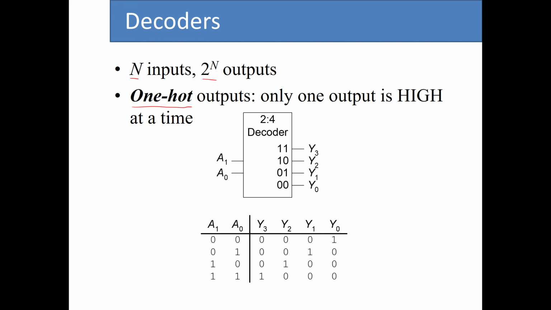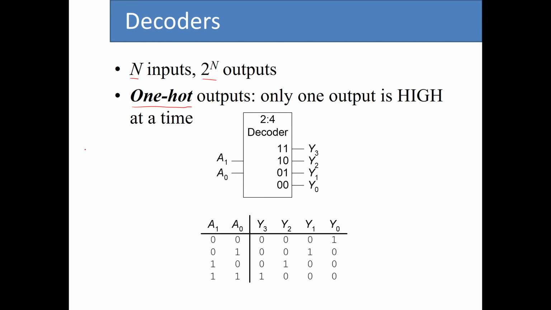The basic idea behind decoders is very simple. Do you remember when I said for the truth table, there is one min term for each row? Decoders basically create all the min terms for a set of inputs.